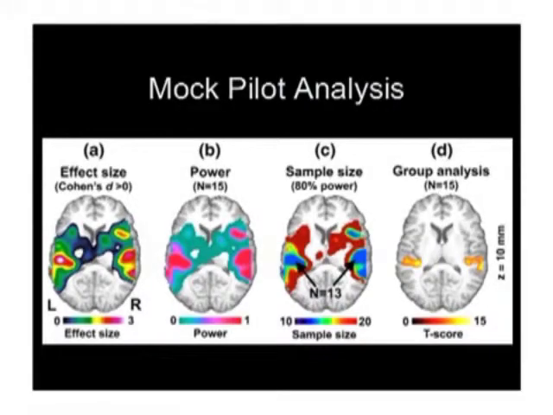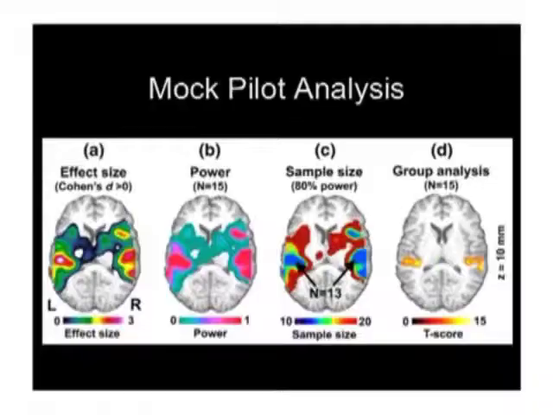Okay, here are the results. They did a mock pilot analysis. Basically, they had a data set with about 40 or 50 subjects, and they used 5 of those subjects to do the power calculation, and then randomly selected subjects to do an analysis. Over here, we have the effect size in terms of Cohen's d, which is just delta divided by sigma.